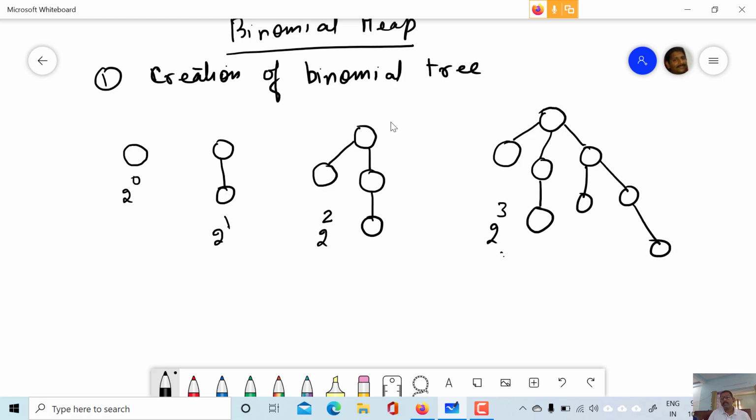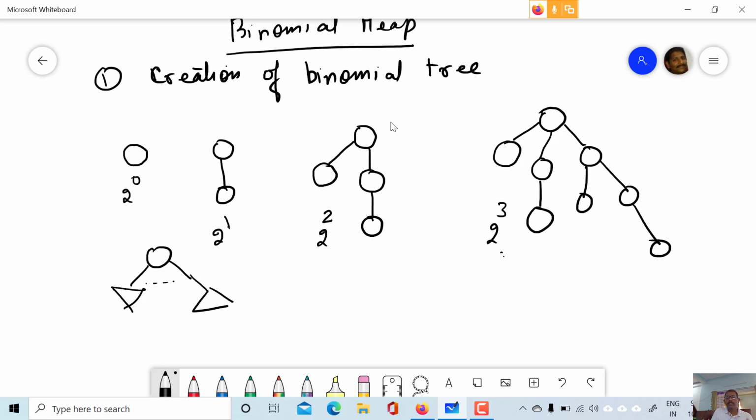Likewise, in the generalized form, we can create a binomial tree like this. The first branch will have a node with a single child, and the last branch will have a node with k minus 1 children, where k is the degree of the node. A new term, degree. What is degree?